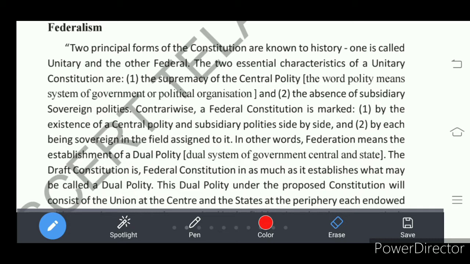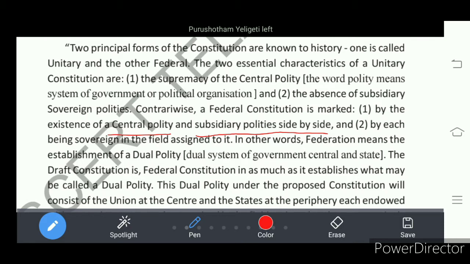In a federal constitution, there will be a central polity at a national level, and sovereign subsidiary polities at a states level.